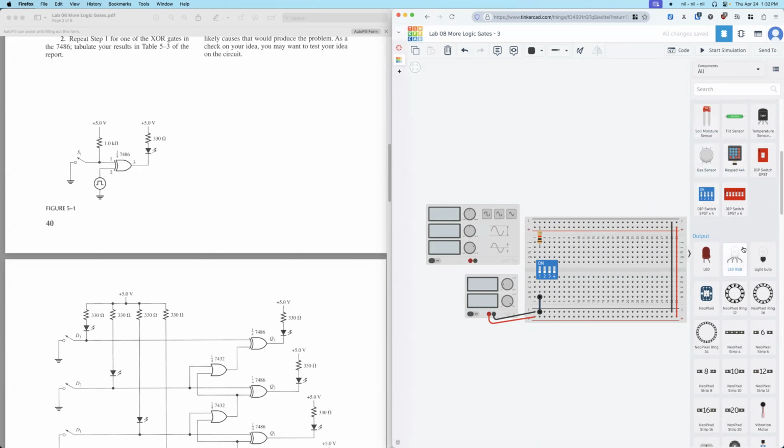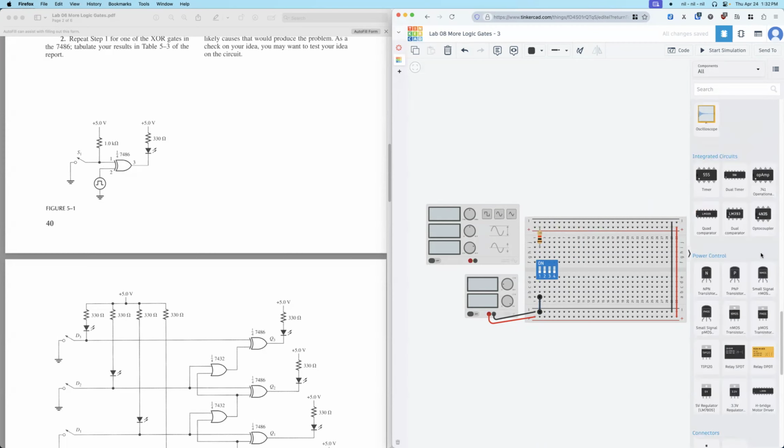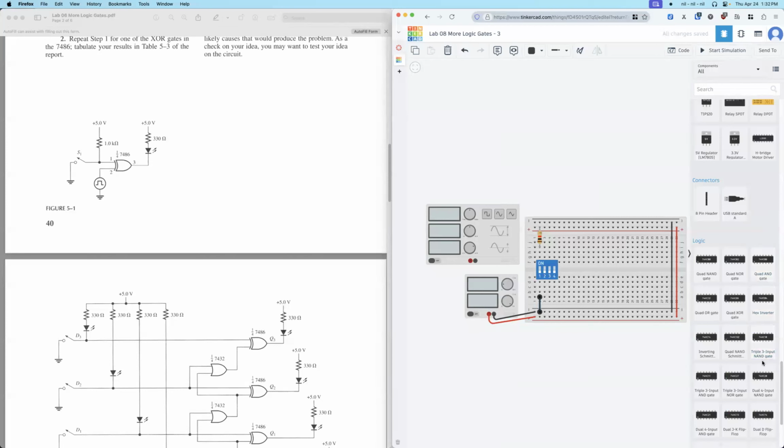So then the chip, so 86. So 74HC86. This is the XOR gate. Okay. So this is the same. First, pin 7 to ground, pin 14 to power. Okay.